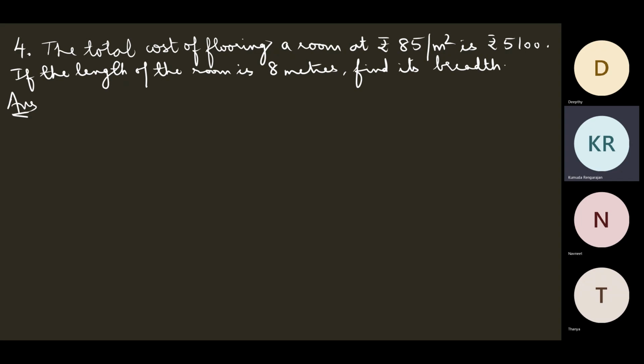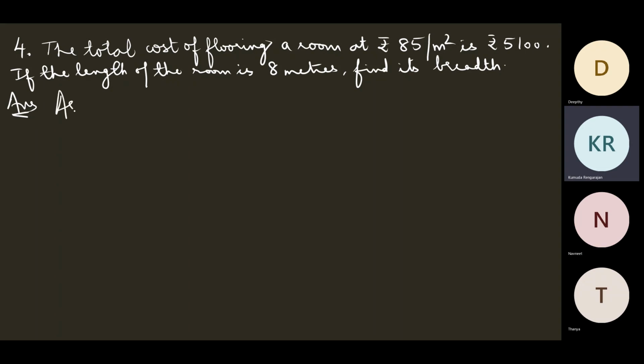Then for how many meter square have you spent 5,100 rupees? Which means you'll have to divide. Not 510, 5,100. So we need to divide the total cost by the rate to find the area of the room or the area of the floor.